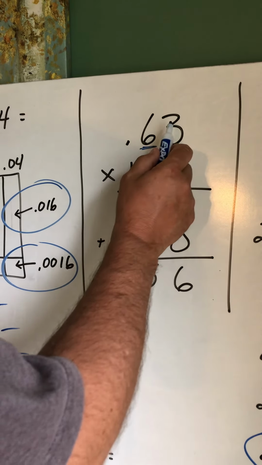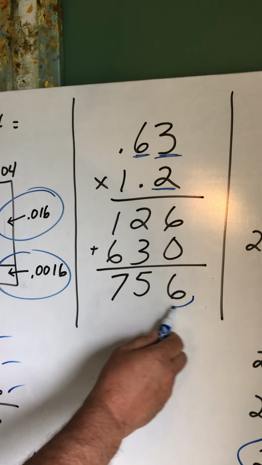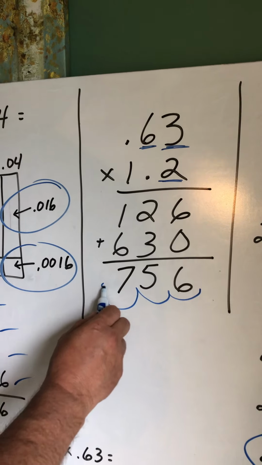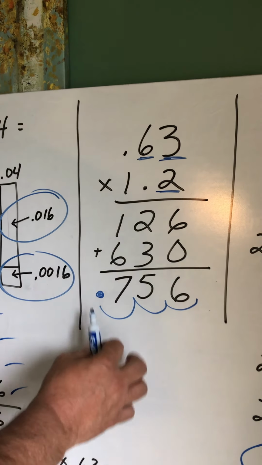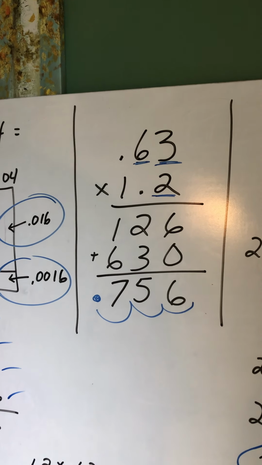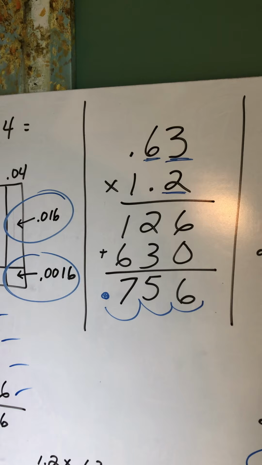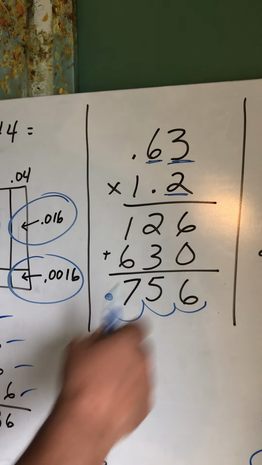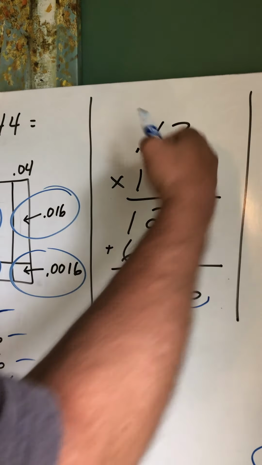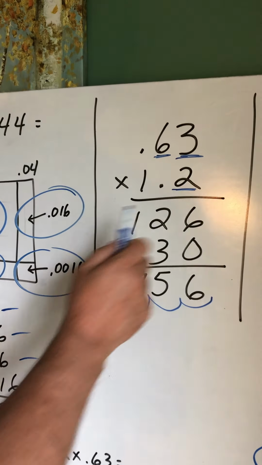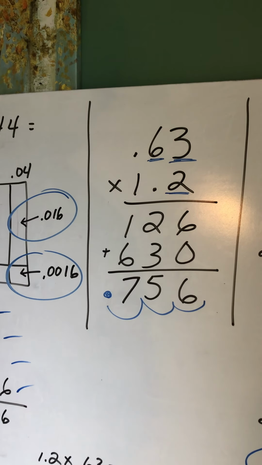So we got 1, 2, 3. So when we come down here, we have 1, 2, 3. That's where the decimal goes. So do the multiplication first, just like you learned last year with Dr. Couture and myself, and then add up the numbers that are to the right of the decimal, and that's how many decimal spaces you move over. Okay?